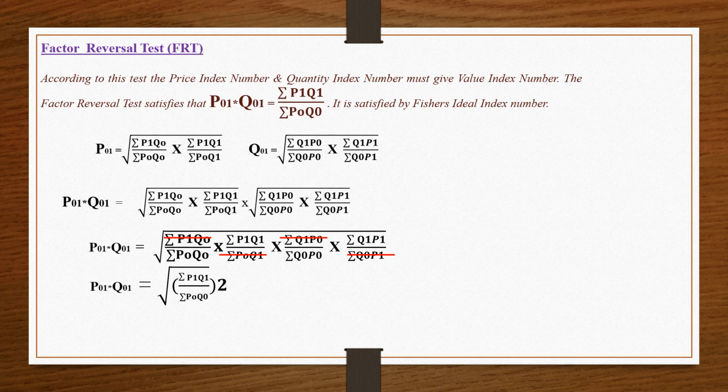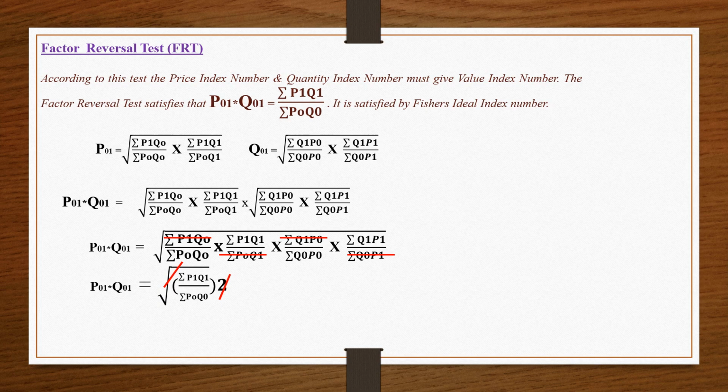Because summation of P1 Q1 has 2 values, and summation of P0 Q0 also has 2 values. So therefore we put square root and whole square here. Now we are going to cancel the square root with respect to that square.